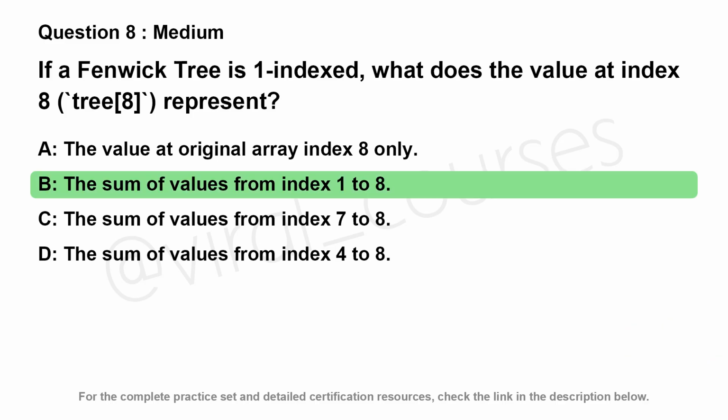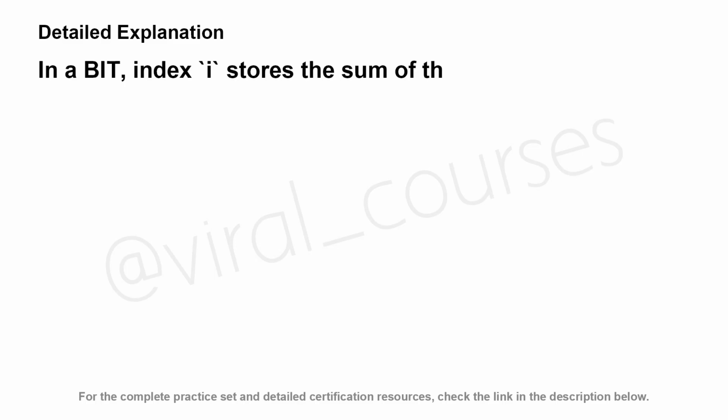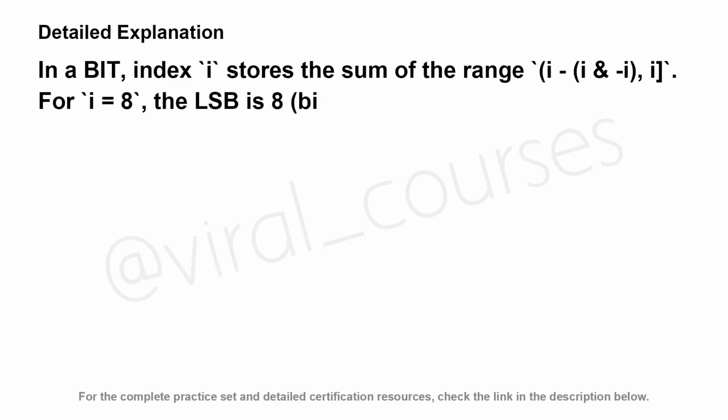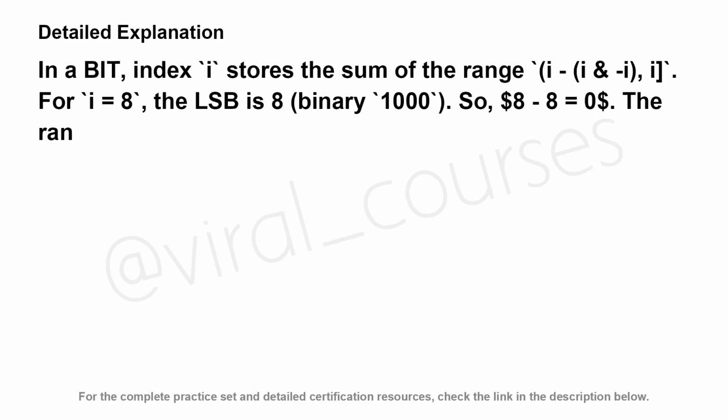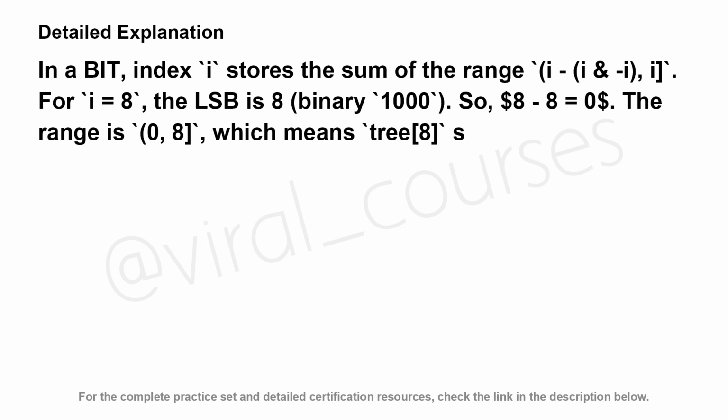The correct answer is B. In a BIT, index i stores the sum of the range (i - LSB(i), i]. For i equals 8, the LSB is 8, binary 1000, so 8 minus 8 equals 0.